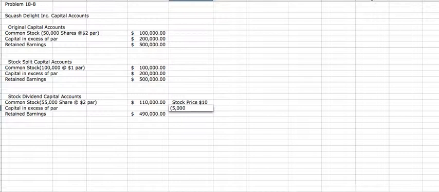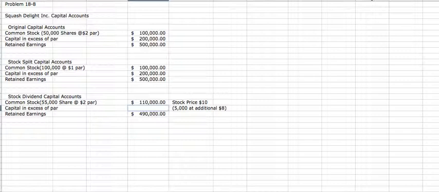Now we have an additional $8, okay, because the stock price is $10. We have an additional $8 that we need to transfer as well from our retained earnings account to our capital in excess of par account. That's an accounting transaction that takes place.